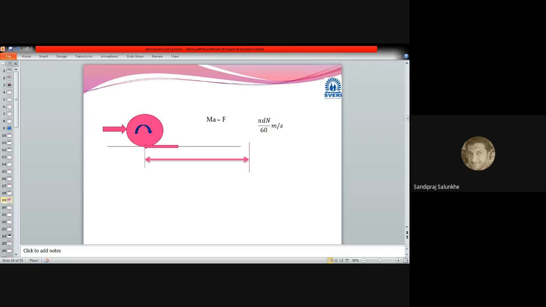Somebody can give an example of a two-wheeler. Lots of mechanisms are there which we come across.